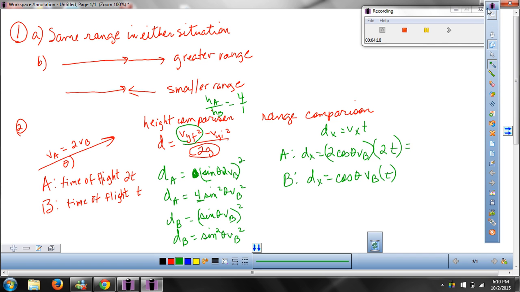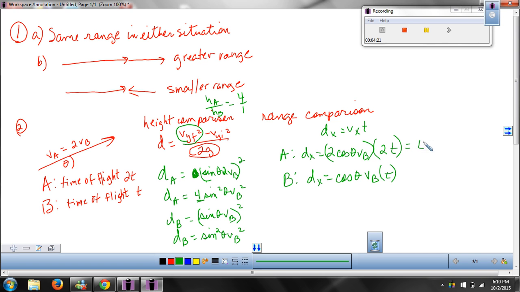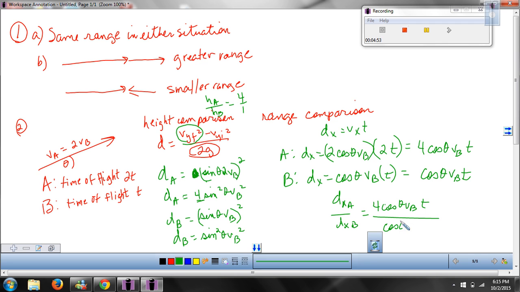So that's 4 cosine theta VB t, and this one is just cosine theta VB t. So if I compare dx for A to dx for B, that would be 4 cosine theta VB times t compared to cosine theta VB t. So again, the ratio is 4 to 1.